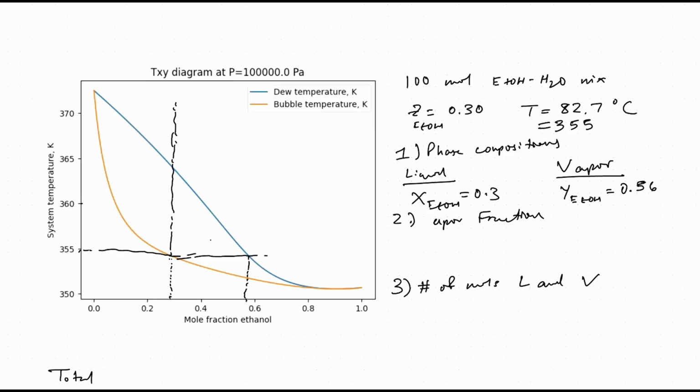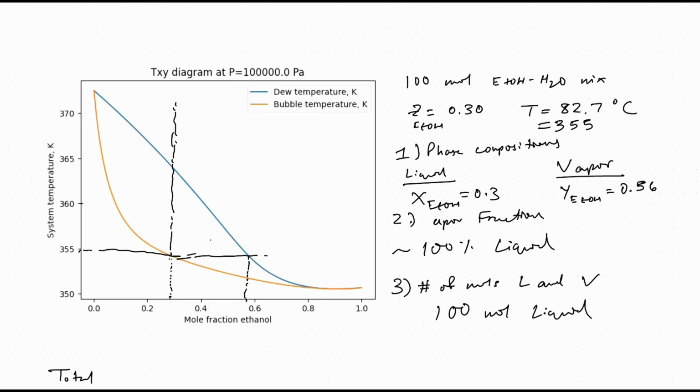So we're looking at pretty much 100% liquid. All 100 moles, not 1,000, 100 moles are basically liquid with maybe one drop of vapor. Great, so that's an easy example.